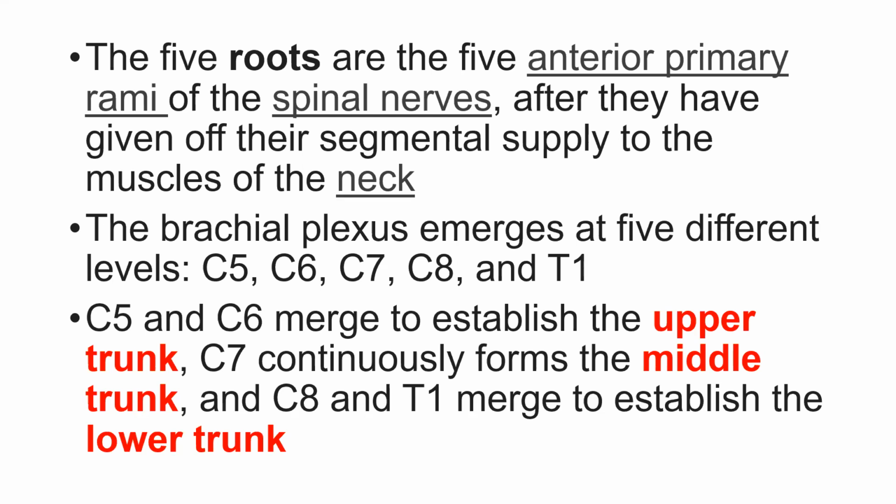C7 is the middle trunk, and C8, T1 is the lower trunk. I know in your hearts you're laughing, ha, ha, ha. It's not easy, it's difficult. You have to put in mind that you have to remember this. This is the basics of questions that we ask.